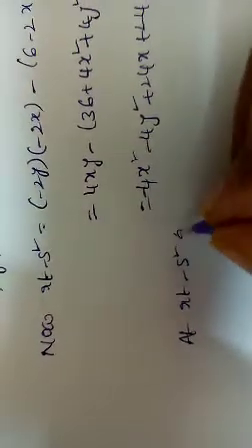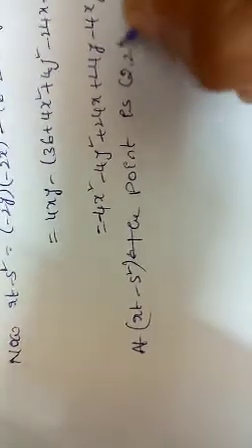So at the value, rt minus s square at the point 2, 2.